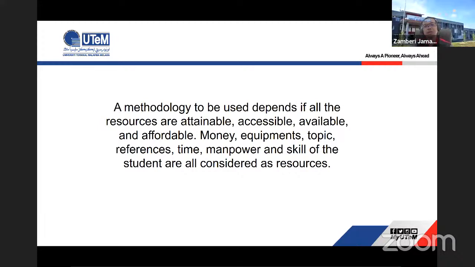Some of the test equipment might not be available on site, so we might have to look somewhere else, at some other institutions or universities, that could incur some costs. So can we afford that cost? Can we afford all the traveling, for example? This is the kind of thing that we have to put in place and be very clear of before we start with our research work.